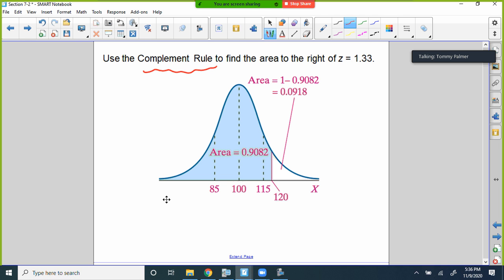Or the area below it may be the probability that it won't happen, and then the complement would be the probability that it would. So to find the complement, the other side of where you're looking, the rest of the area is just 1 minus that. So if you look at that, you get 0.0918, which is really 9.18%, right?